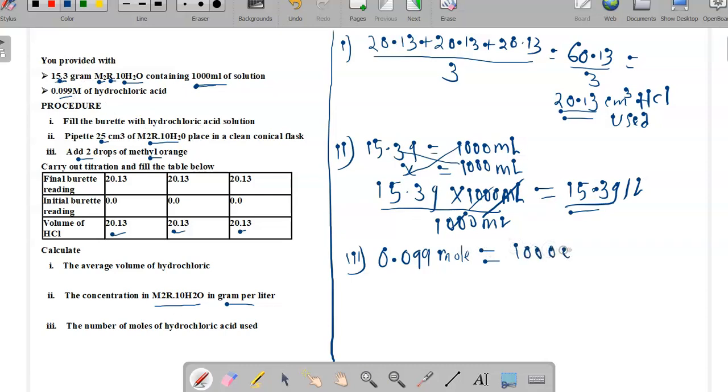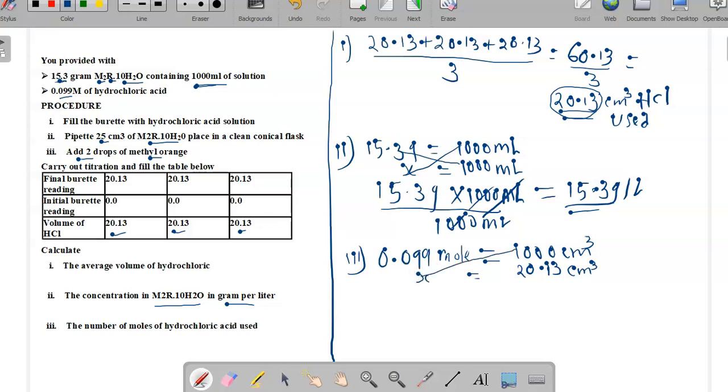Molarity, in terms of volume, is equal to 1000 centimeter cubed. What about the volume used, which is the average volume? It is 20.13 centimeter cubed, is equal to x, which we don't know.